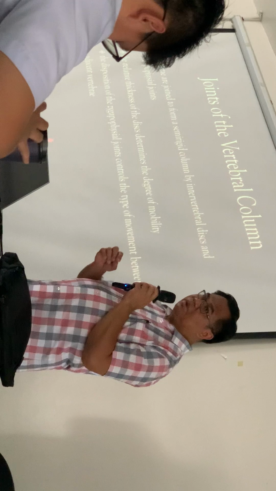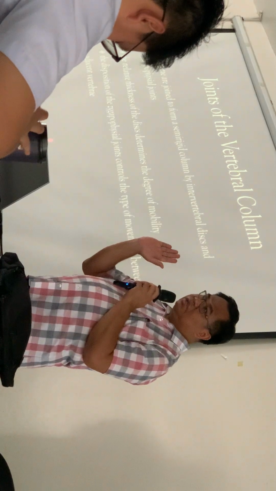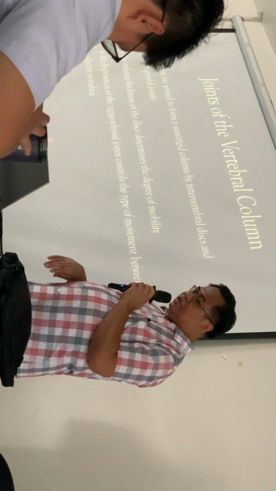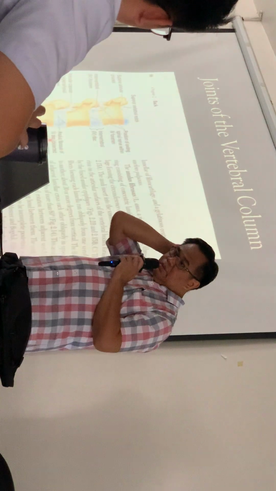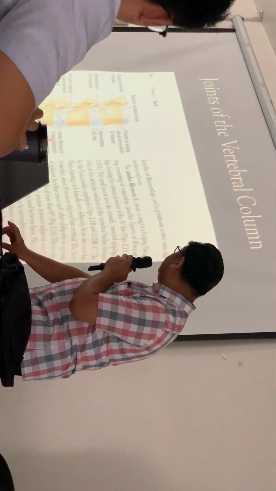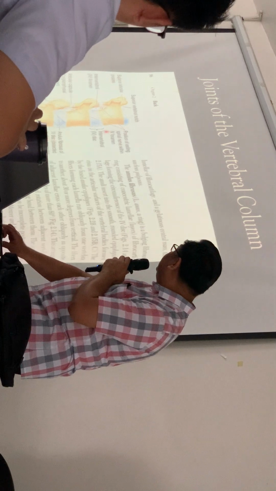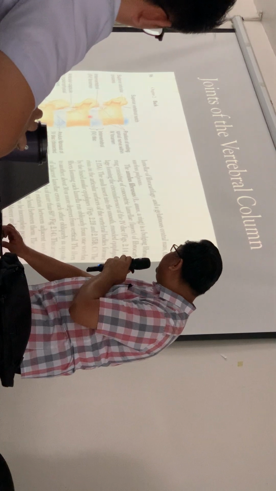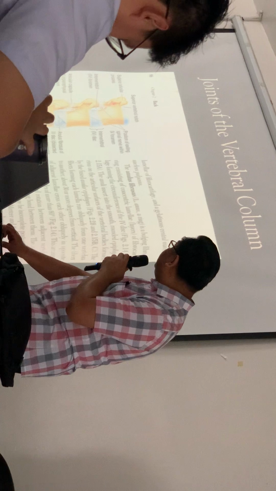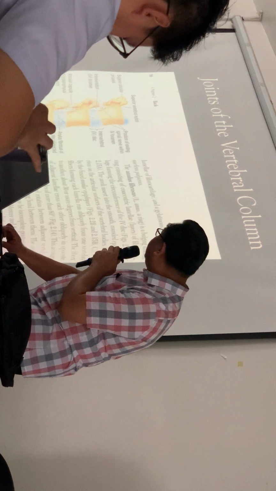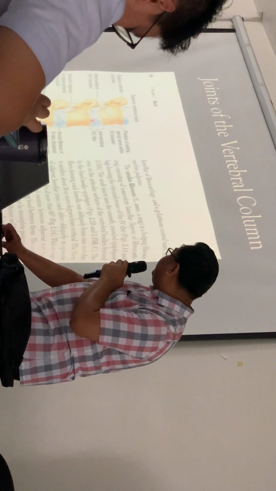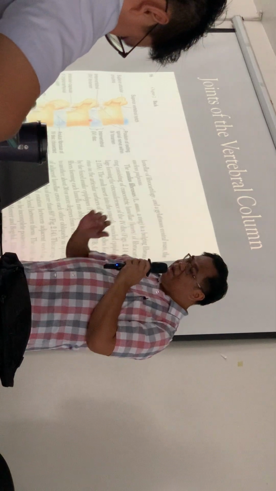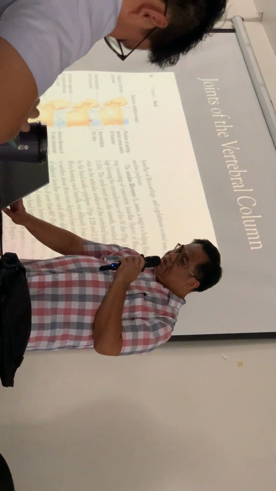So there is not much rotation for the thoracic, just flexion and extension. So this is the intervertebral disc, and then the joints in between vertebrae. So depending on the thickness, you can also have a curvature in the spine.